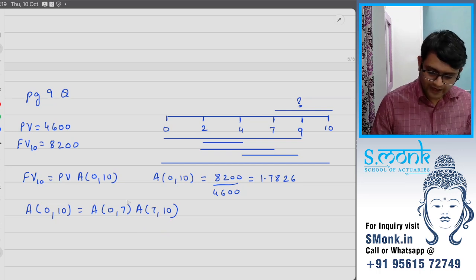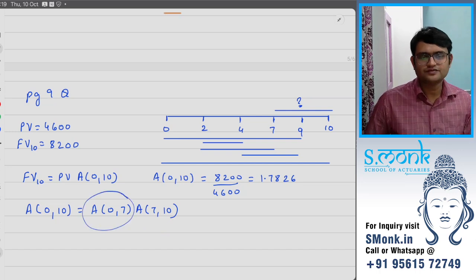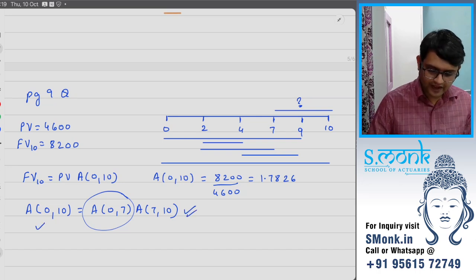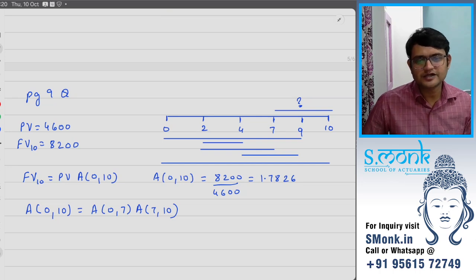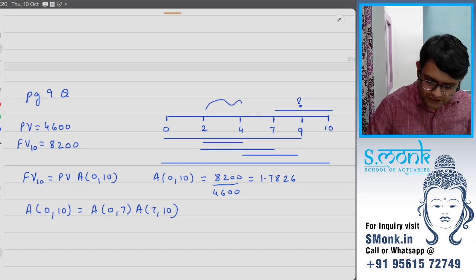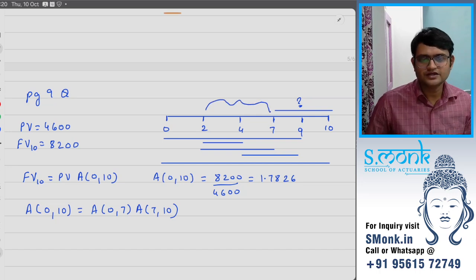Now I don't have a value directly for 0 to 7. I need to find this 7 to 10. I have this 0 to 10, but I don't have directly 0 to 7. So what I can do is split that 0 to 7 into multiple parts again. I have 2 to 7, I have this value directly.